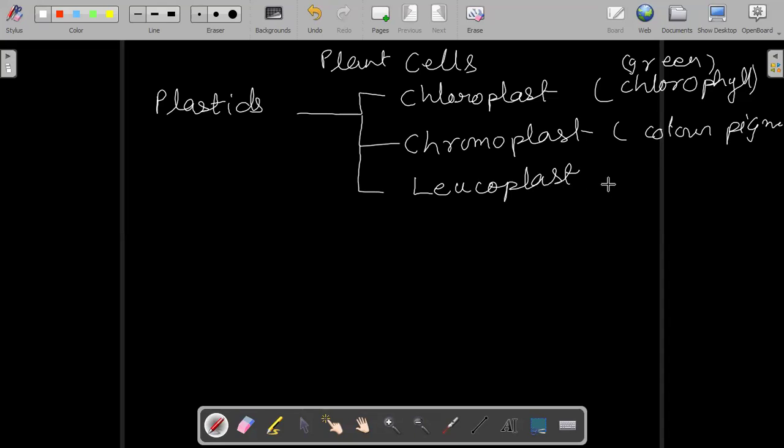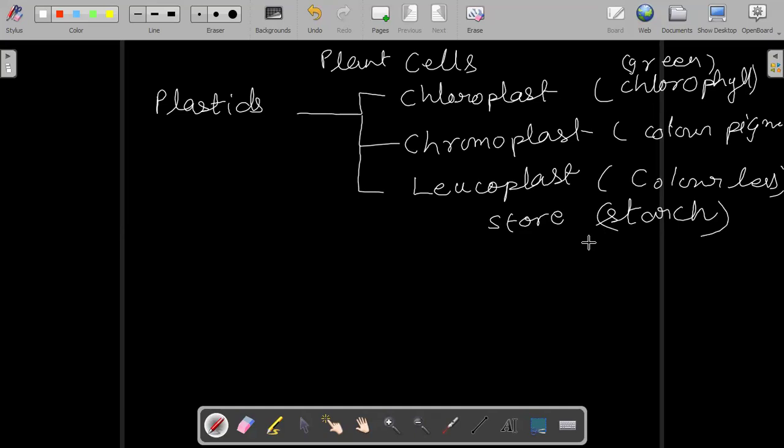Then you have the leucoplasts. Leucoplasts are colorless, and they generally store starch.